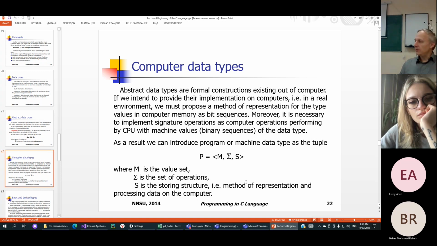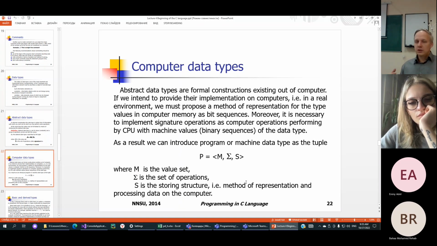And we can implement the operations from the set of operations as some machine commands. As a result, the program or machine data type can be represented with three sets: set of values, set of operations, and a storing structure.